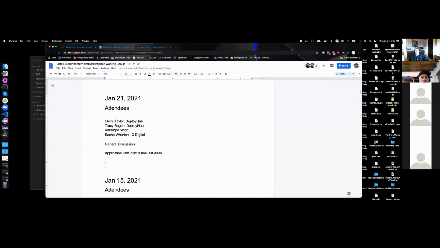So their use case is: I have 100 clusters that I want to send this deployment file to, and it needs to be tweaked for each cluster. How do we do that? That's what they were considering an application set.